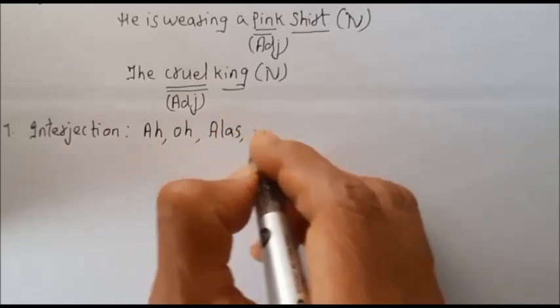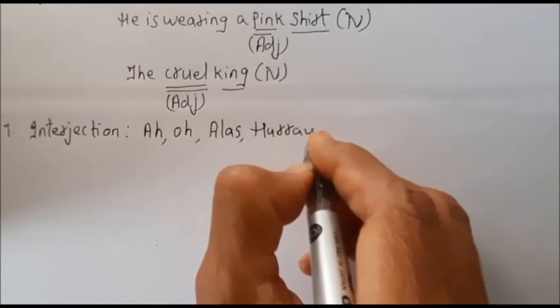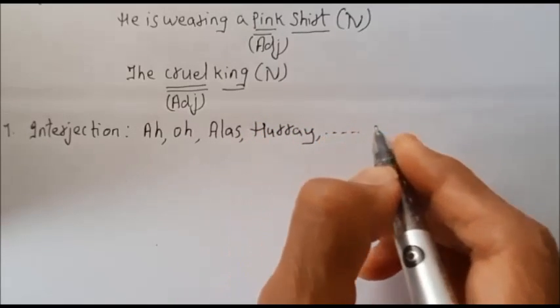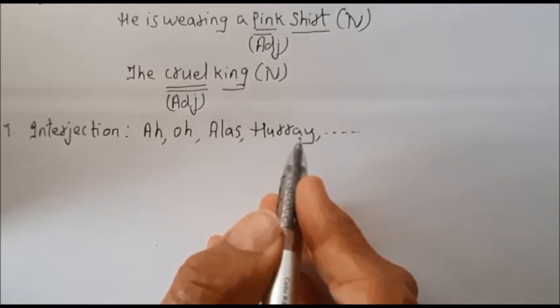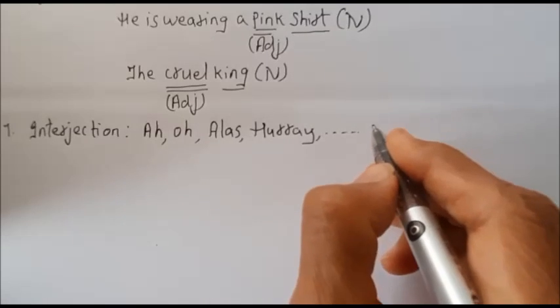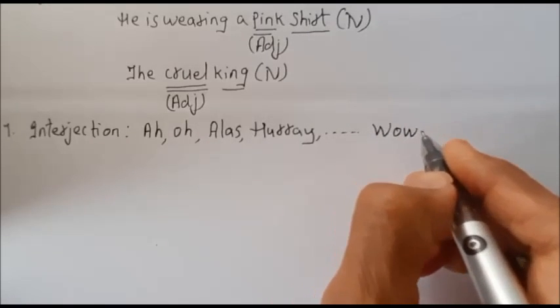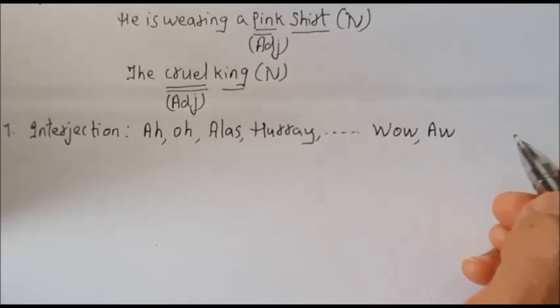You may also use hooray. But for different situations, different time periods, different emotions are expressed by different words. And yes, one more you can use, wow, or say oh. This is what we mostly use many a times.